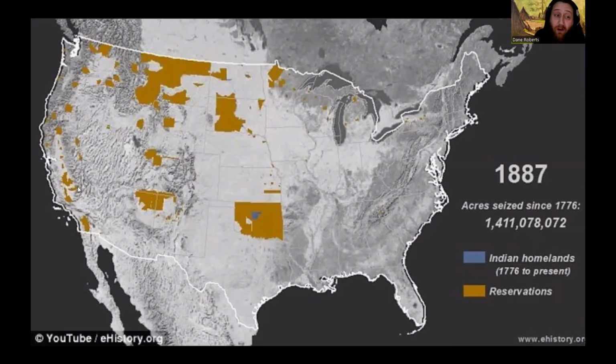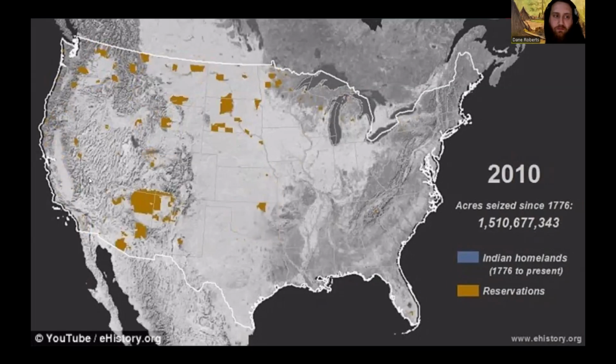They lost basically all of their land, with the exception of the reservations here. And then even then, they lost most of those reservations to the United States in the 120 some odd years from 1887 to 2010. So really take a minute to go back and focus on these maps and see just how devastating the expansion of the United States was to the Native American peoples of California and the United States as a whole.